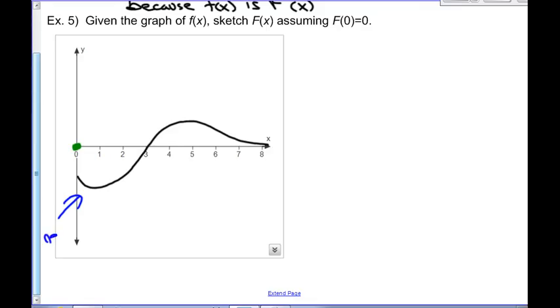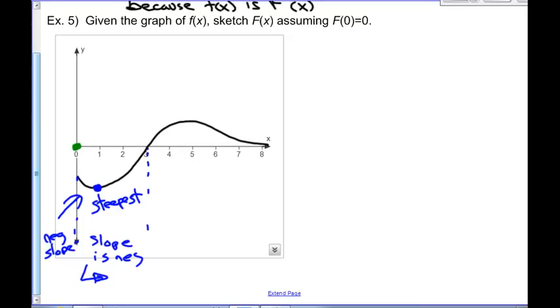It has negative slope to start with. Right here it has its lowest negative slope, so it's going to be steepest. Over this whole interval, slope is negative.